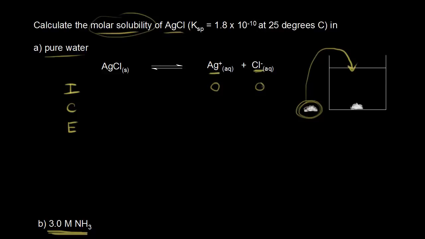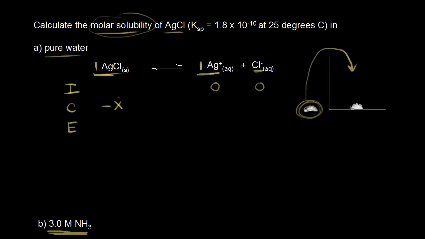Some of the silver chloride that we put in dissolved. So we lost a certain concentration of our silver chloride, and we're going to call that X. If we look at our mole ratios, for every 1 mole of silver chloride that dissolves, we get 1 mole of silver +1 cations in solution.